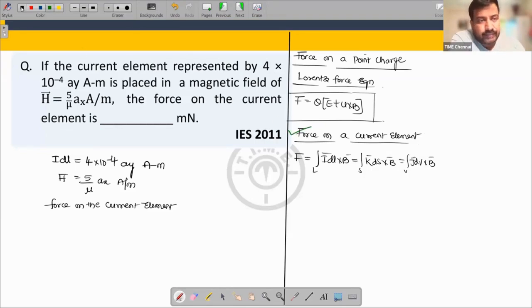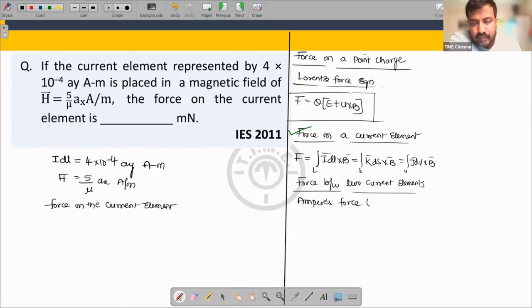And also we have force between two current elements, given by Ampere's force law. According to Ampere's force law, force is mu naught times I1 I2 by 2 pi r.